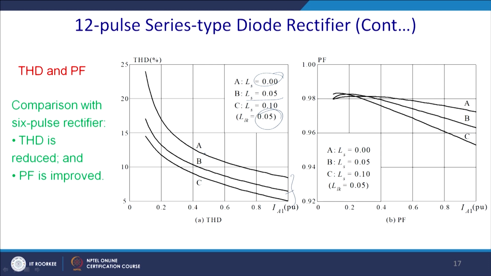Same way, with a leakage reactance of 0.5%, because it is generally present here because of this transformer, the THD is reduced. If you load it, there will be a little drop in the overall power factor because the leakage reactance is present, which is quite normal.